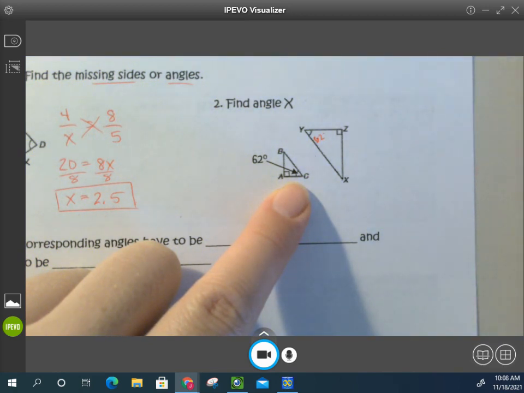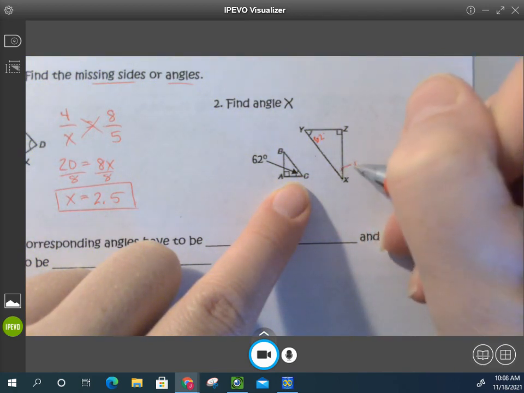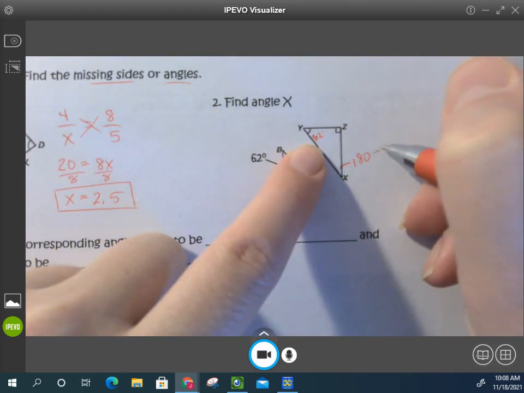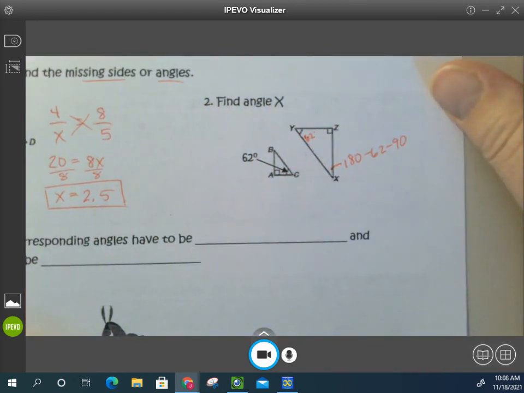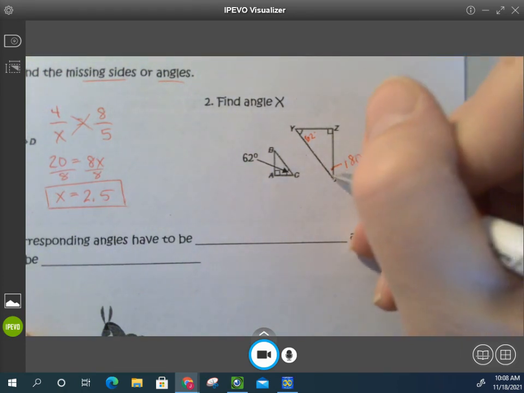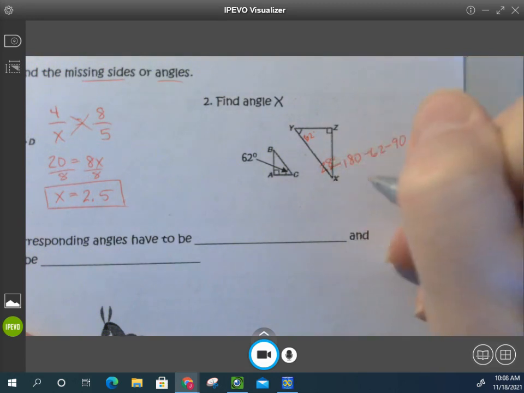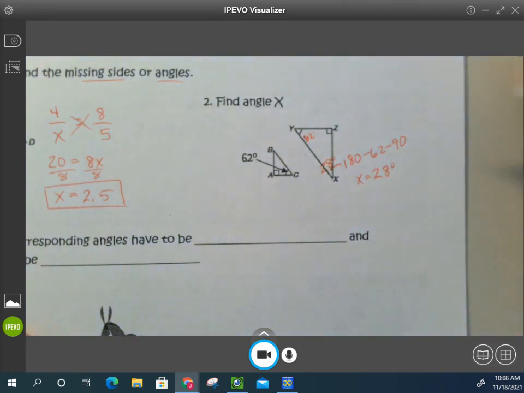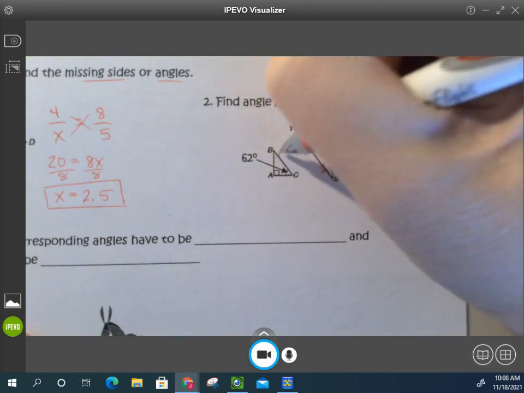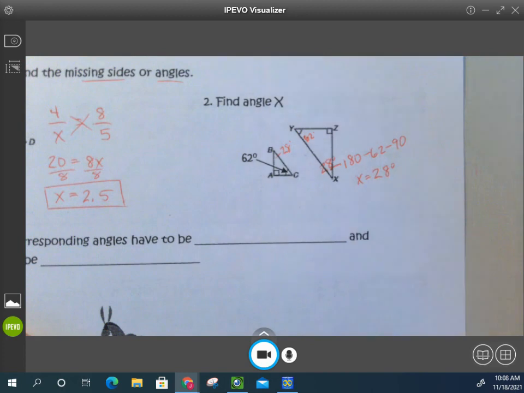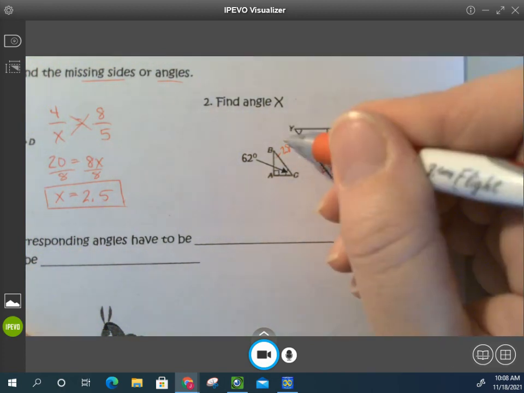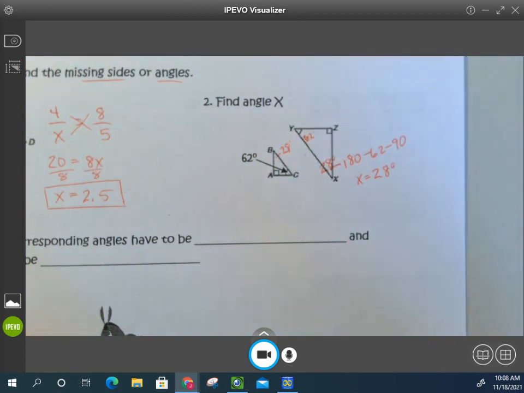And if there's 180 degrees in a triangle, I can now find x: 180 minus the 62 we transferred minus the 90. So grab your calculator or your brain, and we would find out that angle x is 28 degrees. That would also mean that angle B is 28 degrees, because 180 minus 90 minus 62 is your leftover. Okay, so those are just some quick warm-ups.